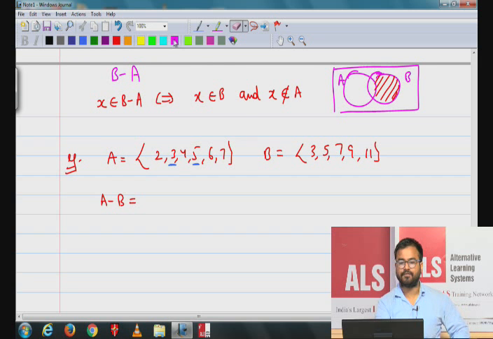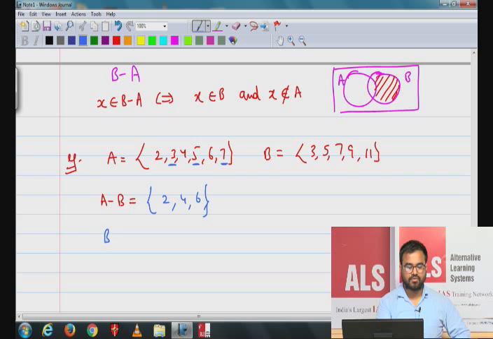This 3, 5 and 7 are the part of B also, so we have to eliminate these. So you will be left only with 2, 4 and 6. So 2, 4 and 6 is A minus B.